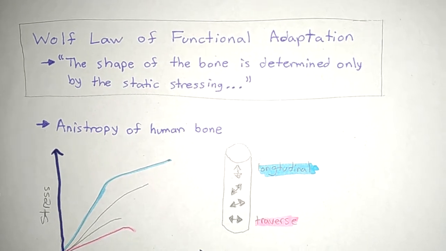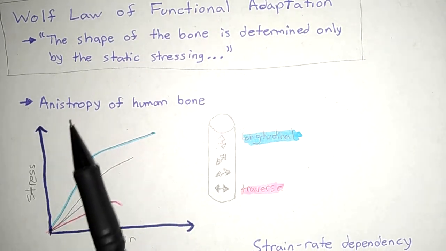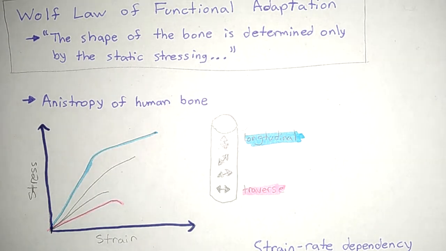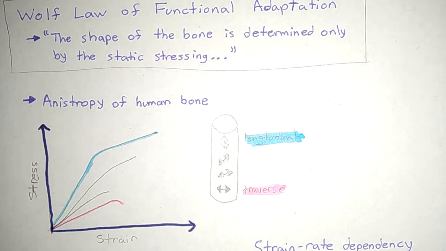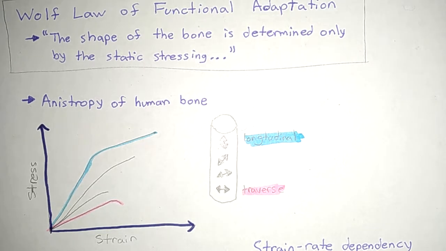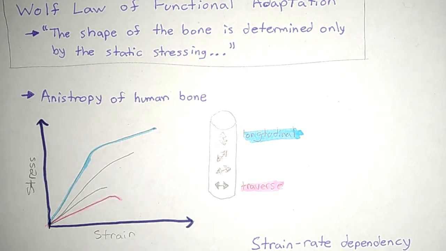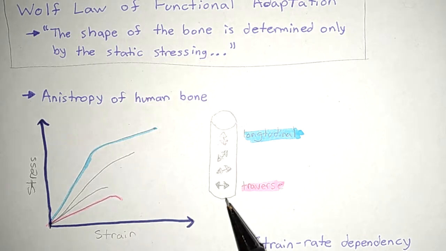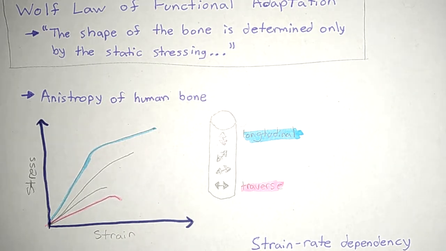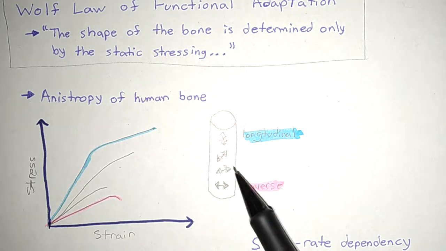Okay. Bones have this anisotropy property. The reason that's the case is because, as I said previously, bones are composite materials, which are materials combined of multiple compounds. In this case, we have the ceramic part, which would be the calcium phosphate, calcium hydroxide in the bone.